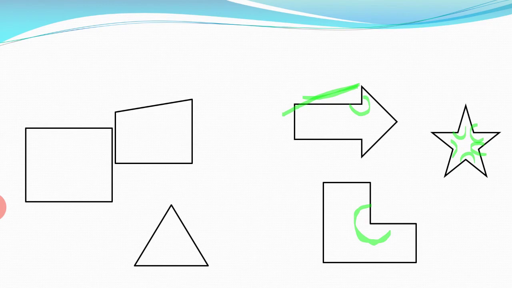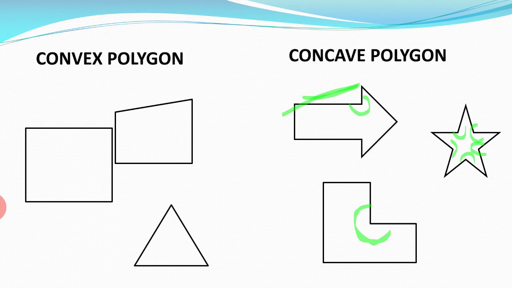You look at the interior angles. If interior angles are less than 180, then it is convex. Otherwise it will be concave. But every polygon is either convex or concave. Understood? So we will categorize them as convex and concave polygons.